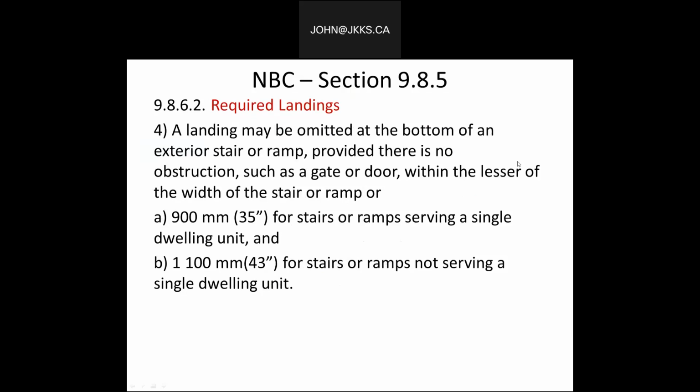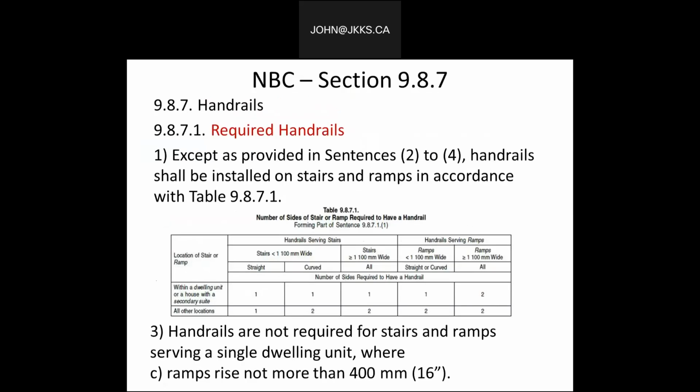Again, a landing may be omitted at the bottom of an exterior stair or ramp, provided there is no obstruction such as a gate or door with the lesser of the width of the stair or ramp, or 35 inches for stairs or ramps serving a single dwelling unit, and 43 inches for stairs or ramps not serving a single dwelling unit.